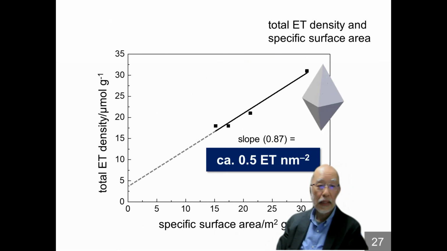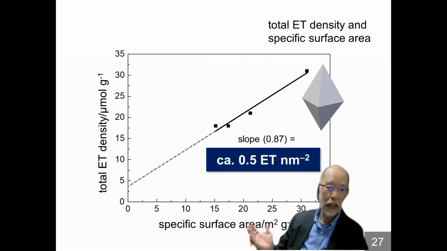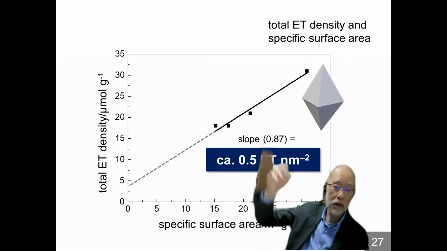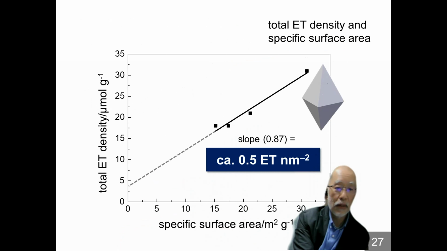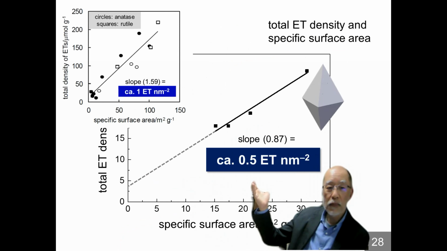And the total electron trap density is again plotted against the specific surface area, and a very good linear relation is obtained. The density is about 0.5 electron trap per square nanometer.